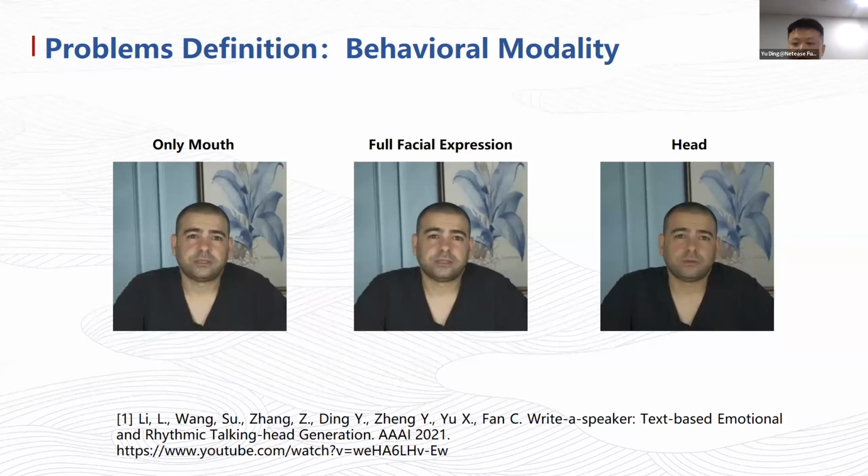Some studies consider the head movements as well as the upper torso movements. As observed, we can perceive more natural results with more behavioral modalities, of course, with more challenges.